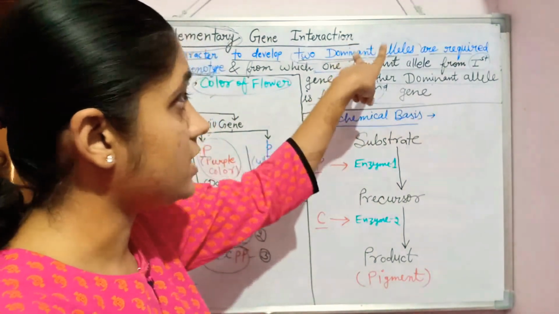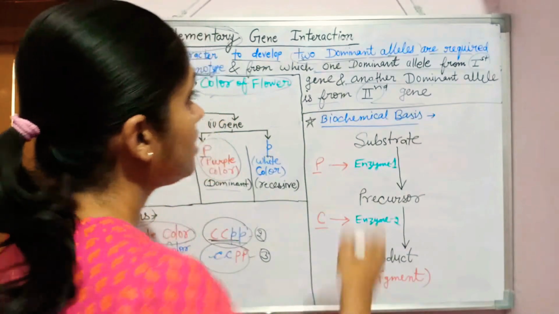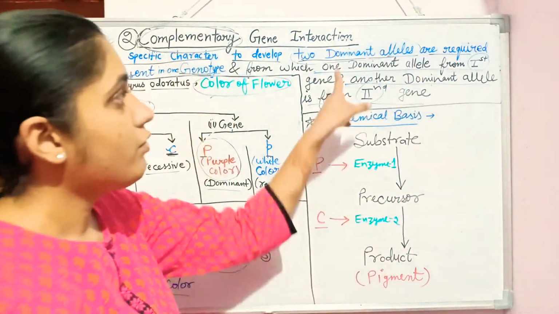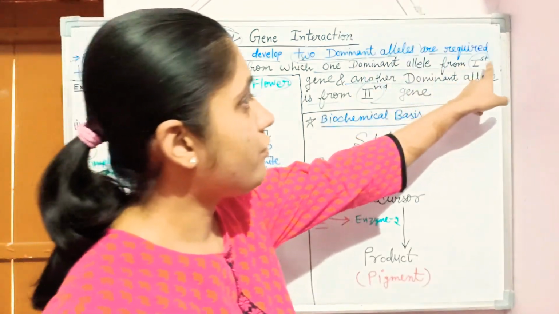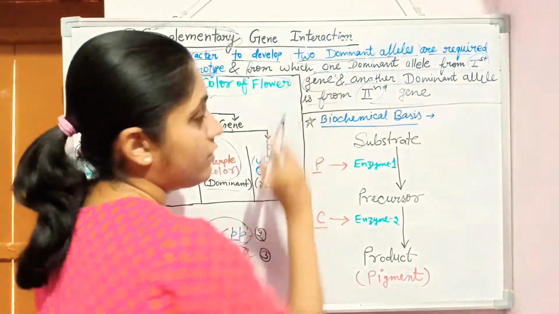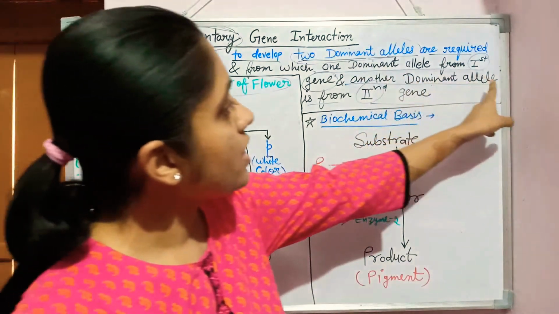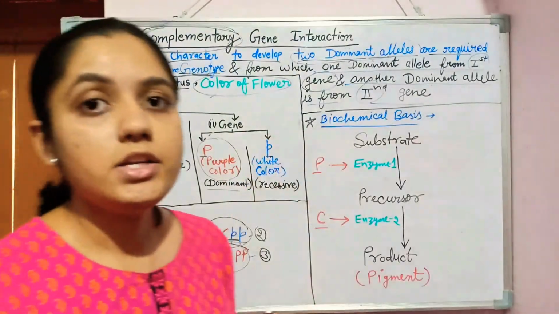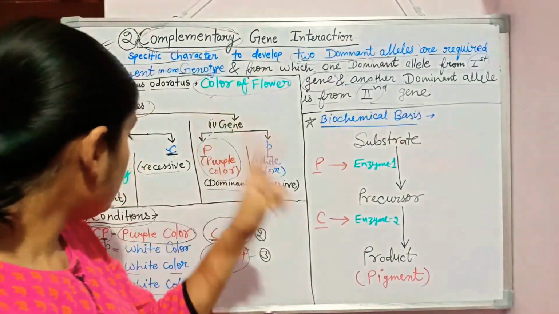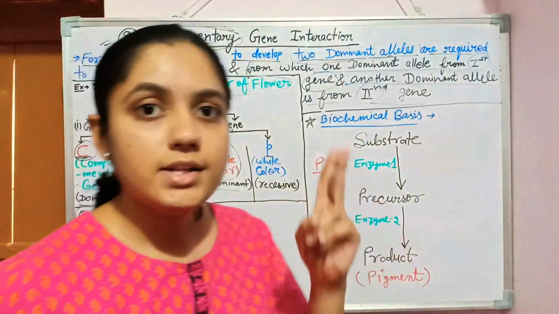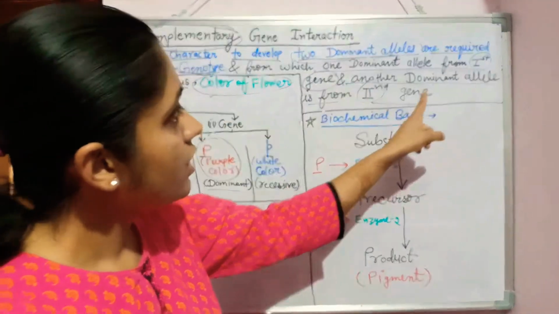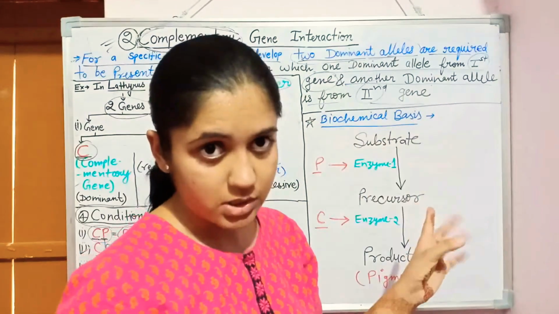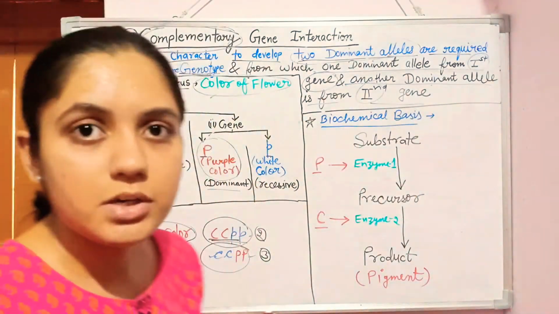The condition is that of the two dominant alleles, one dominant allele is from the first gene, and the other dominant allele is from the second gene. So in any genotype, two dominant alleles must be present, one from the first gene and the other from the second gene. This is the definition, so we can understand it by the example.